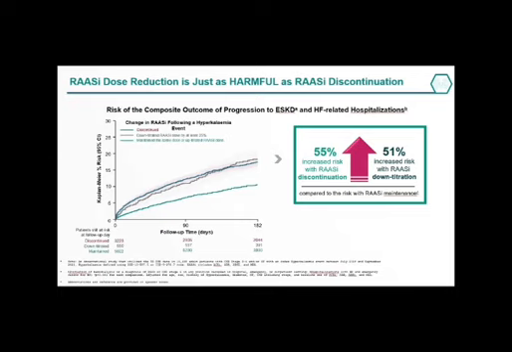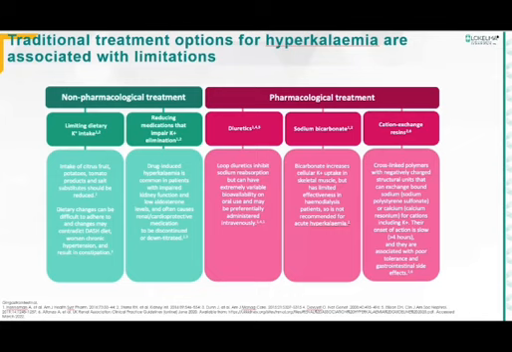With RAS discontinuation, the mortality increases by around 55%. And with RAS down-titration, the mortality rate almost touches that of RAS discontinuation. So it is important that these people should receive RAS inhibitors at a full dose, and they should be on a combination therapy. So how do you treat these patients?